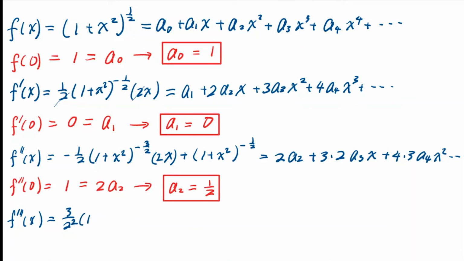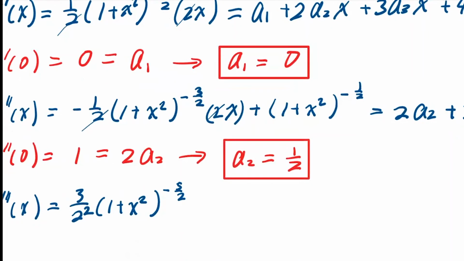And then (1 plus x squared) to the negative 5 over 2 power. You know what? I'm not going to do 2 squared because I can cancel that 2, right? I should have done it while I can. So it's just the 2. Good.